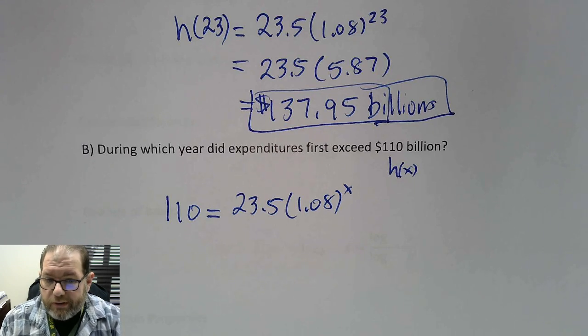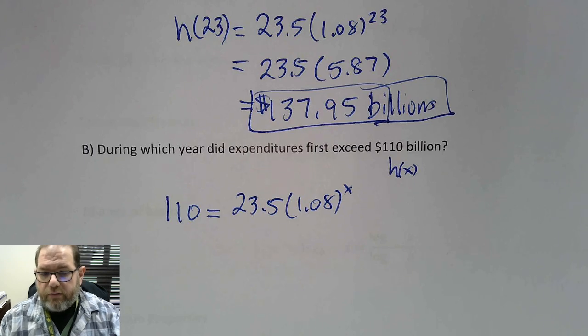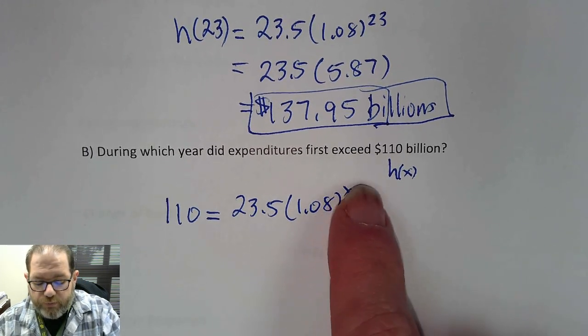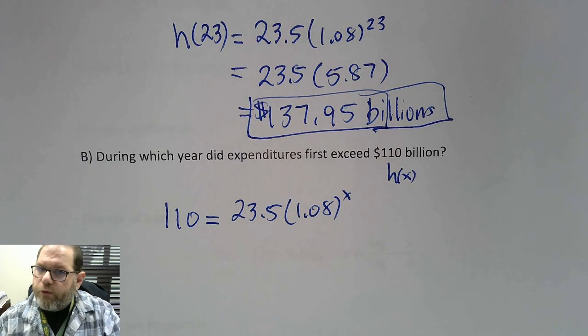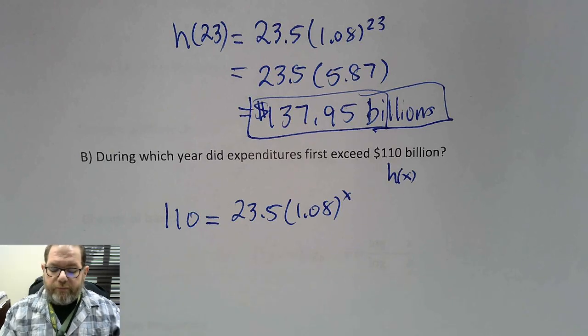Now, there's one step we have to do first, and that is we want to get the exponential portion, the 1.08 raised to a power, by itself before we do anything else. So let's divide by 23.5 now.